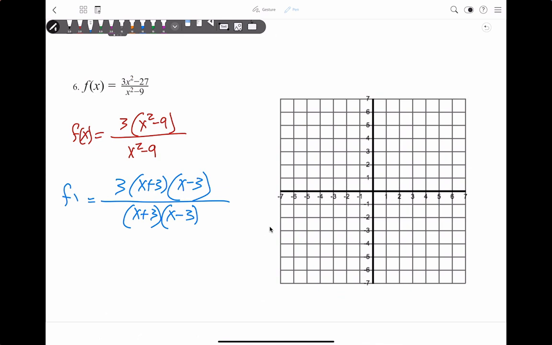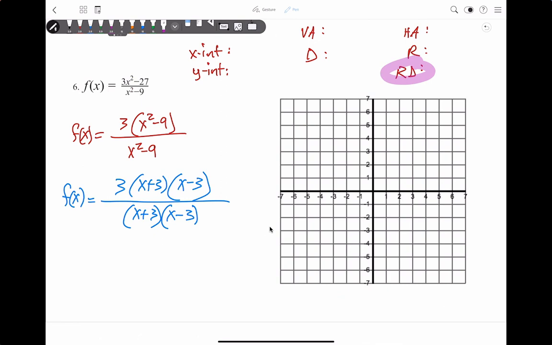Okay, so now let's go through the steps. We have VAD HARD, so vertical asymptote, horizontal asymptote, domain, range, removable discontinuity, and then I will put the x-intercept over here and the y-intercept over here, just because I don't have that much room right now. Okay, so just like we've done before, first step is to identify the removable discontinuity or removable discontinuities.